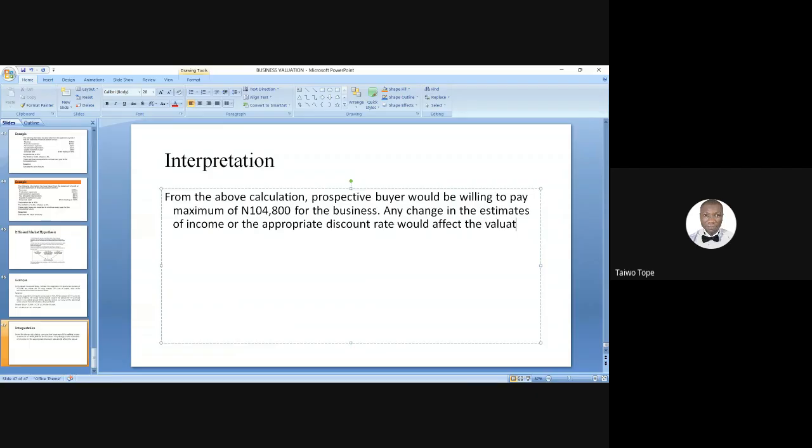Once there is a change in 25,000 or the discount rate, this will affect the valuation.